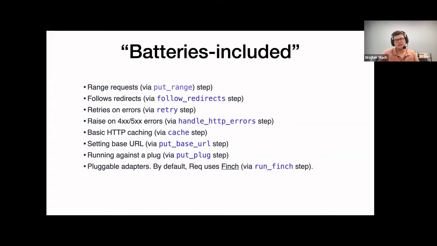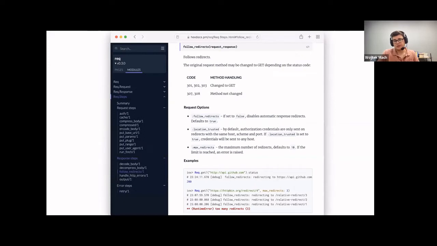As I mentioned, all of these features are implemented as steps, and steps are just functions. So here is the documentation for one of these steps. This is the follow redirects step. One of my goals was to have comprehensive documentation for the library.